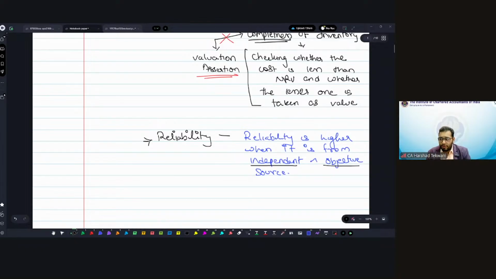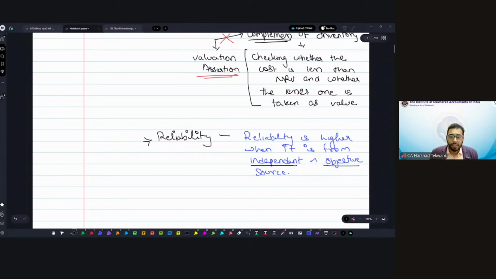Very good, Manish. See, just now we discussed that objectivity increases the reliability. So I need to check the objectivity to understand the reliability of the information. Relevance, fine. Reliability. I need to think of the reliability also when I'm talking about appropriateness. So, how reliable can that information be? Number one. Number two, there are two reasons for the objectivity. One is the reliability.